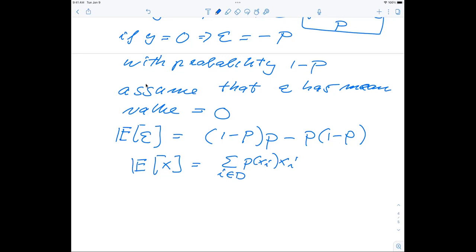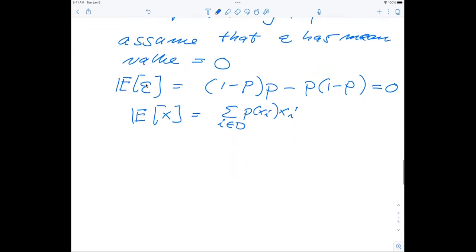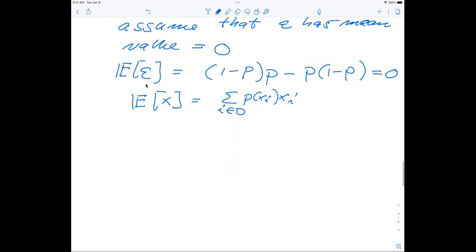And when you look at what we have here, we actually get that this one is equal to 0. So this is an assumption which we can make. Then I can calculate the variance of epsilon.